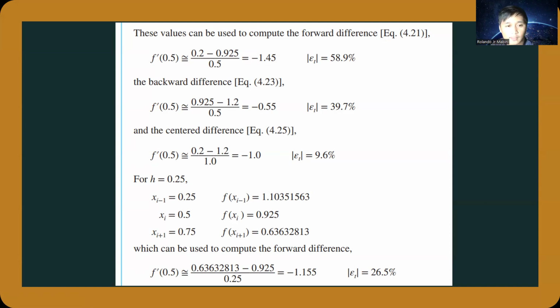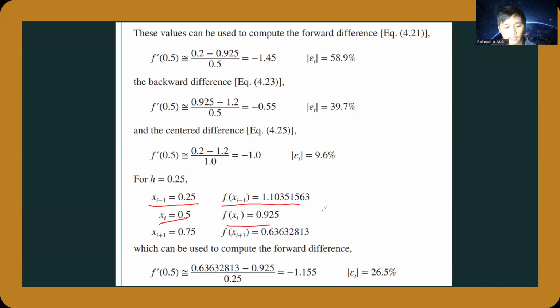And for step size h equal to 0.25, still the same function that we are going to use, we substitute the value of 0.25 to our function, and we will arrive at the value of this one. Then the same for the given function.